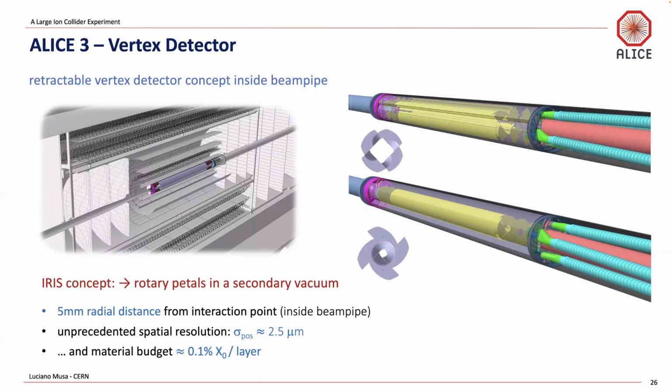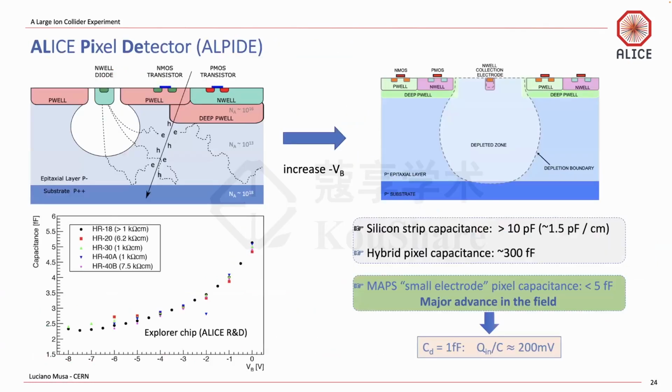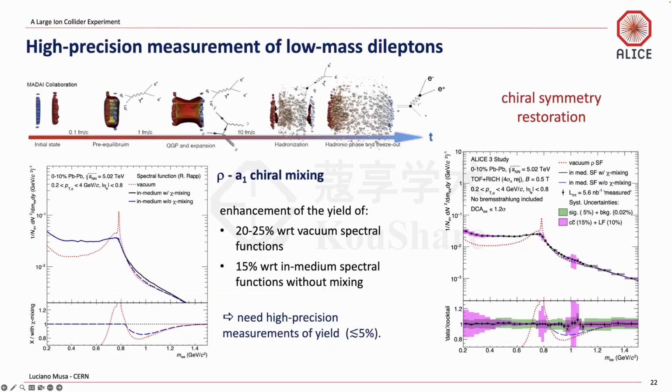Yes. In particular for the PID, thanks for asking the question, because internally it is something on which personally I'm trying to insist that we should really make an effort to further improve it with respect to the LOI values. You have seen these plots in particular for the chiral symmetry restoration.